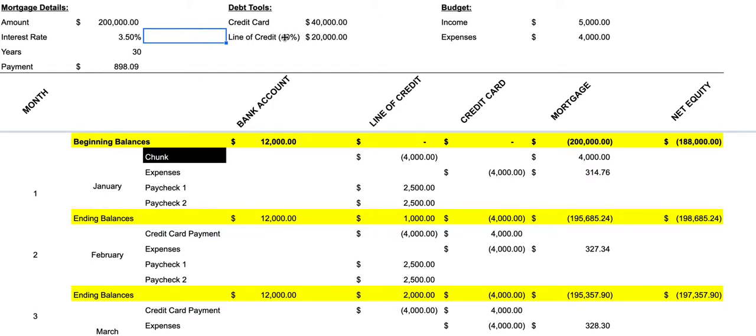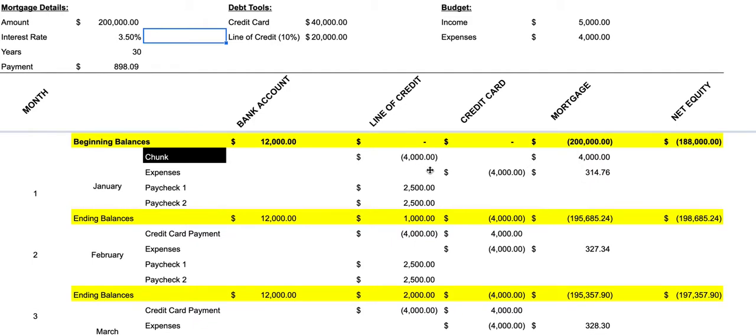But when you're doing this kind of debt paying thing, you want to get the right type of line of credit or whatnot. So now let's say all your expenses you're going to put on the credit card, right? And as long as you pay that credit card off by the end of the month, or the next month when the credit card is due, then you're keeping your line of credit balance low.